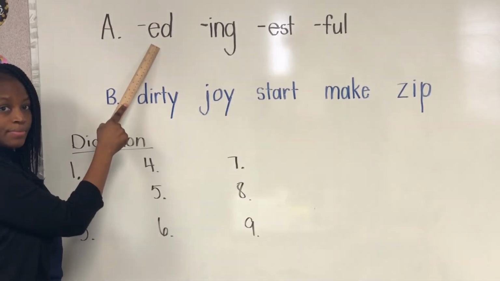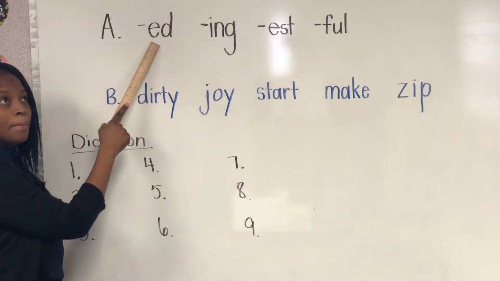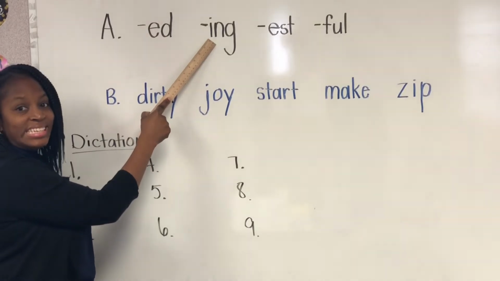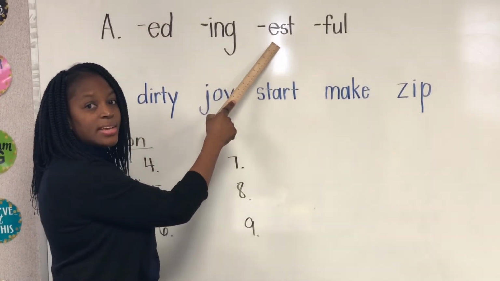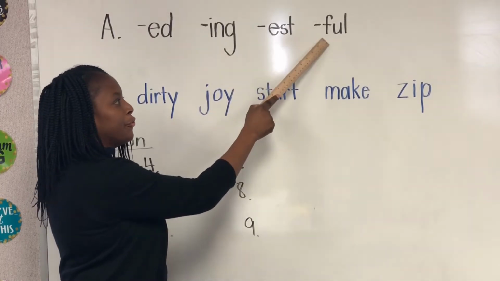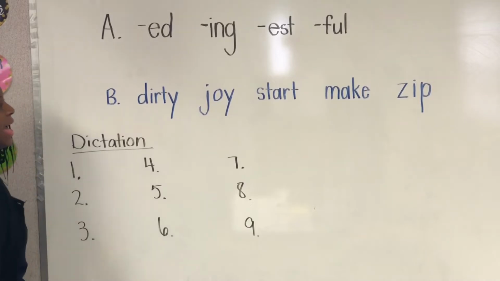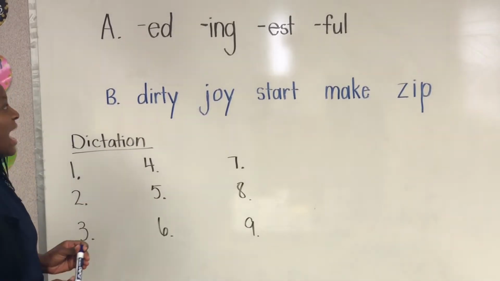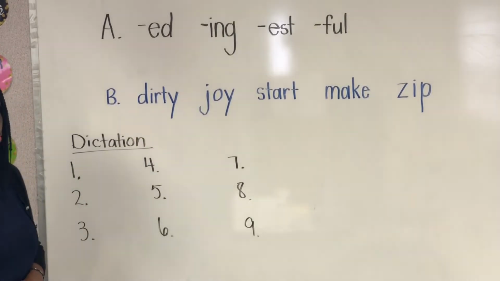Here, the suffix says ing in pointing, est in biggest, and full in beautiful. Let's take a look at our root words in section B. We're going to add one of these suffixes to our root word to make a new word.